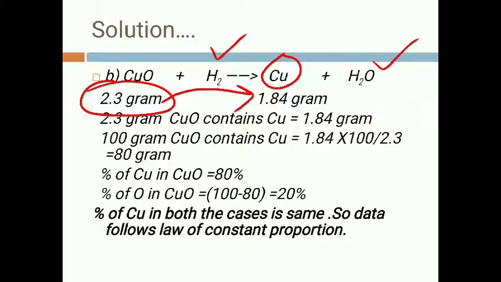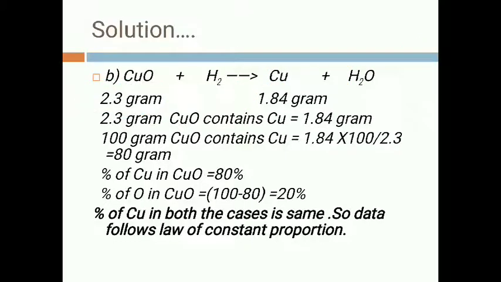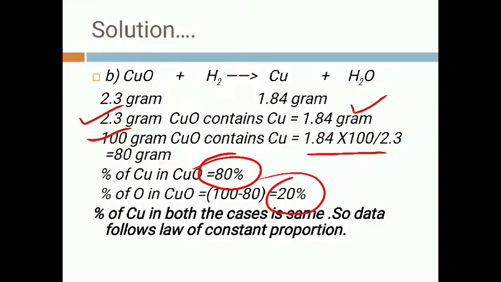Let us find the percentage of copper and oxygen in this. I can make a statement here. 2.3 gram of copper oxide contains 1.84 gram of copper. So 100 contains this much, and if you find it for 100, the answer is 80% here, right? So oxygen is 20%. So in both the experiments, in CuO, the ratio of the percentage of copper and oxygen is found to be the same. So this illustrates the law.